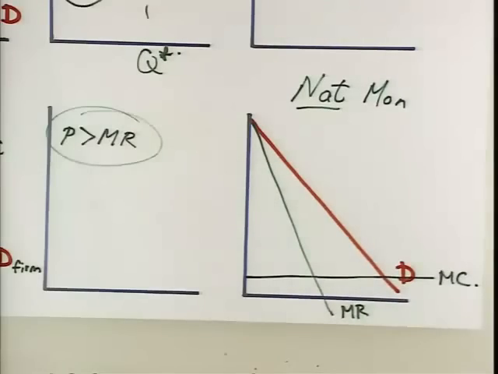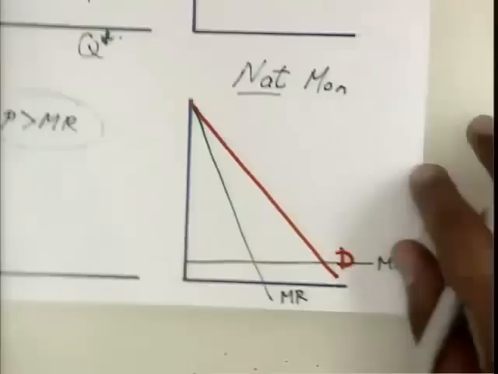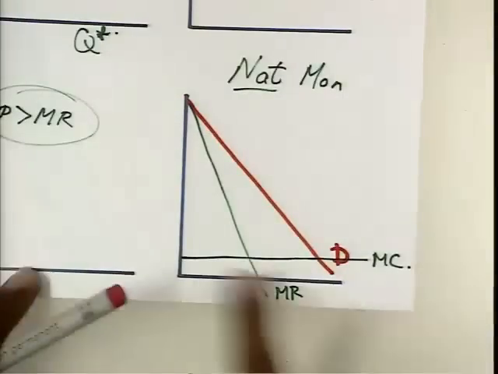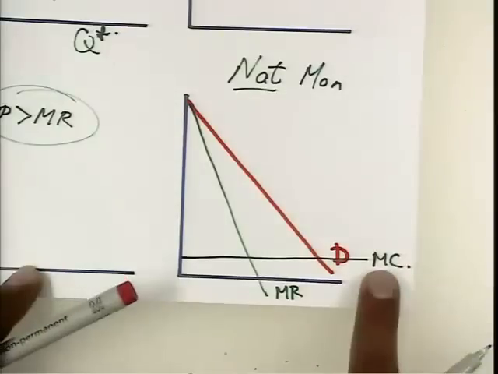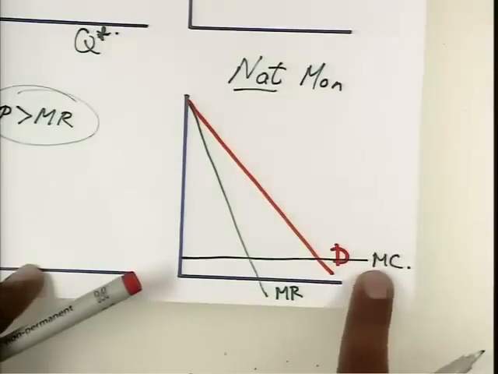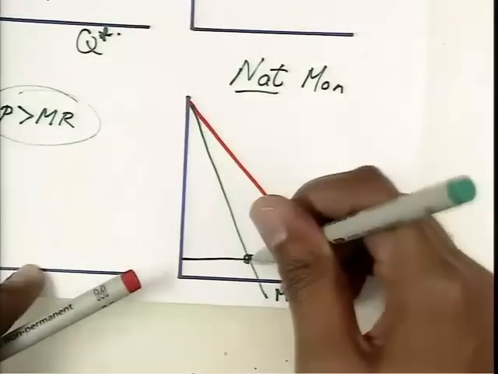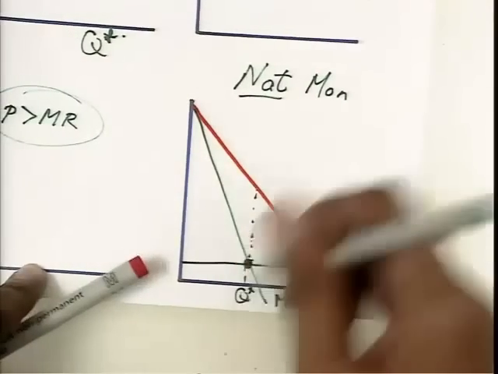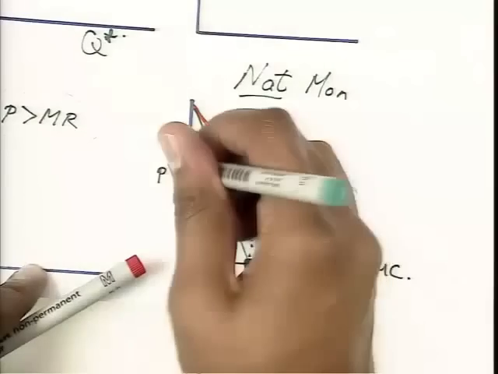A natural monopoly is something which has a huge fixed cost, so the fixed cost overtakes the variable cost in terms of magnitude, so the extra cost is not J-shaped anymore, it's very low and flat. Same profit maximizing rule, MR equals MC, quantity, price.